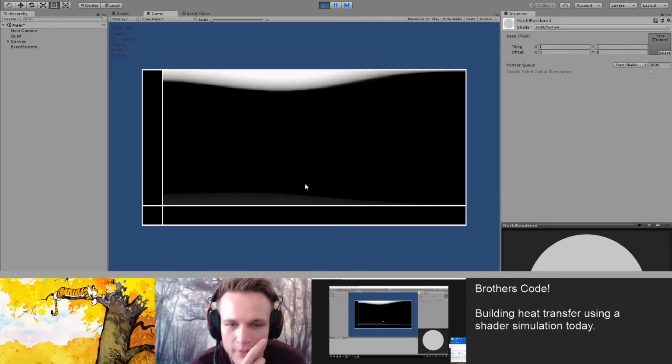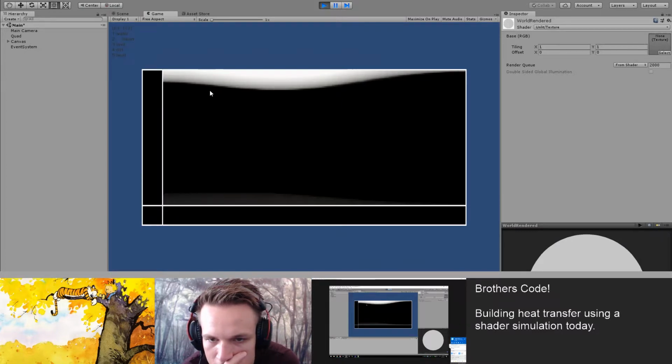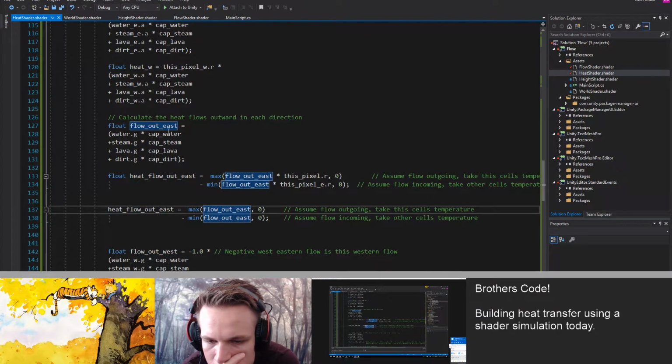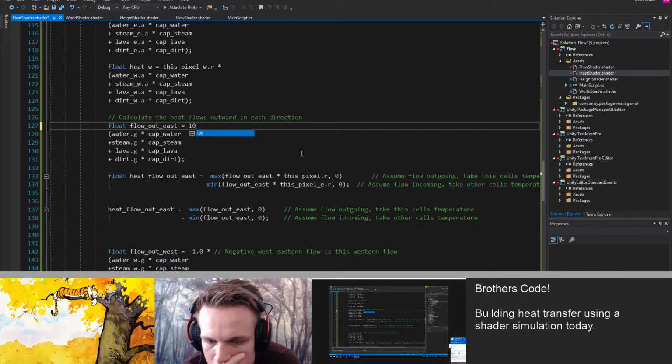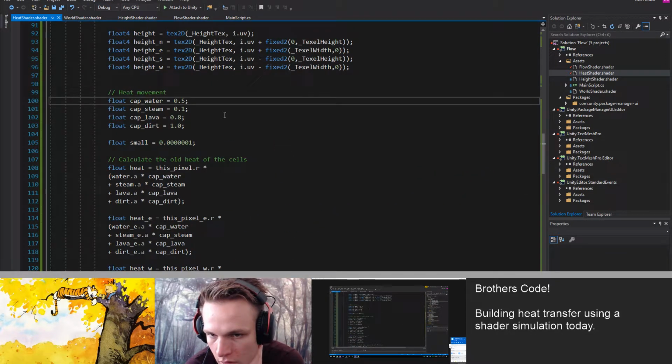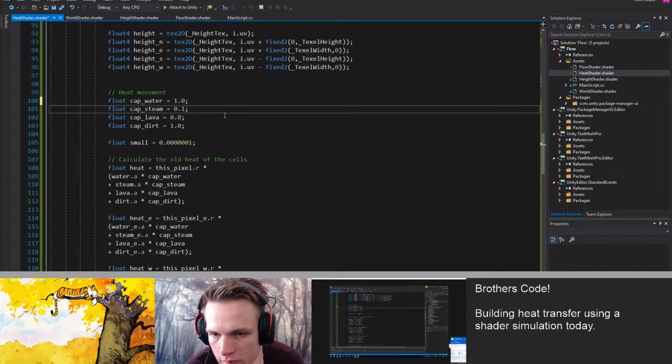Oh, there's some yellow. But wait, these values are all scaled really small. Let's set all the capacities to 1 just to see what happens. True.